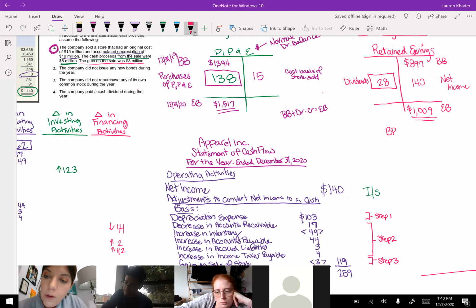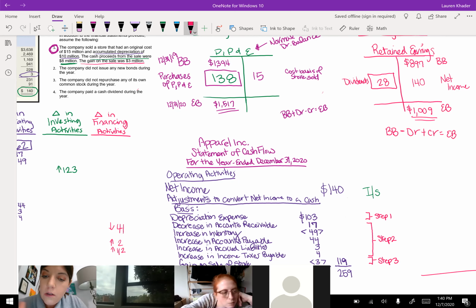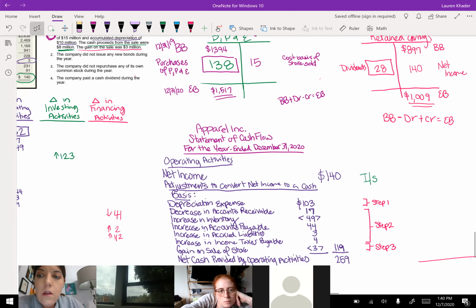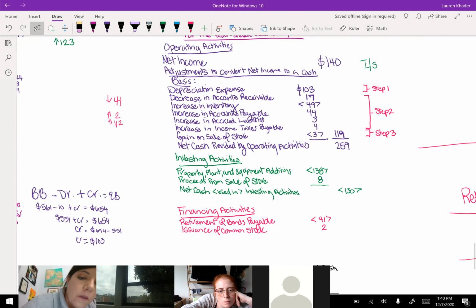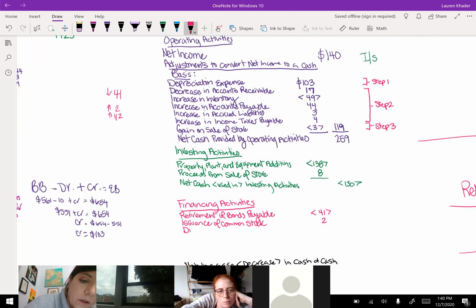So if you're using the formula, it's beginning balance minus the debits plus the credits equals your ending balance. So the dividends paid during the period is going to be what?